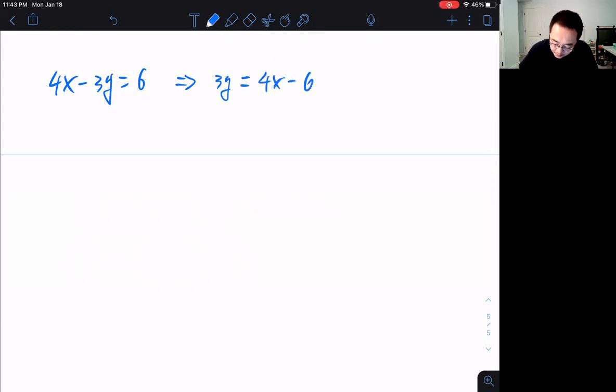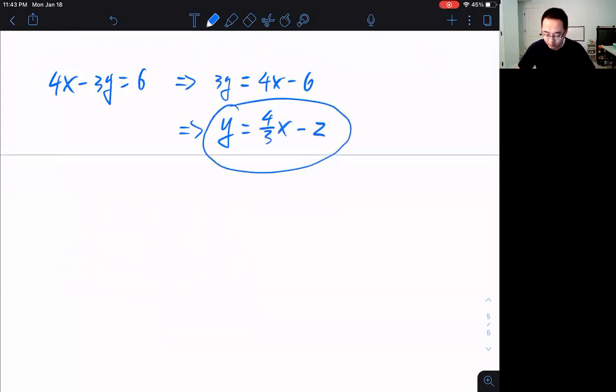Then I divide everything by 3, and you get y equals 4/3 of x minus 2. So this is your slope-intercept form, where the slope is 4/3 and the y-intercept is (0, -2).